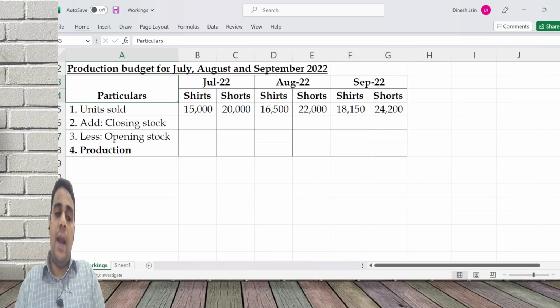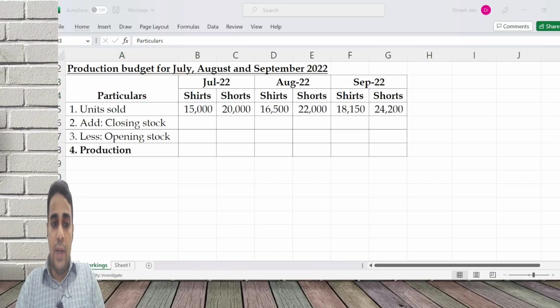Sales, add closing stock, less opening stock, and you get the production figure.